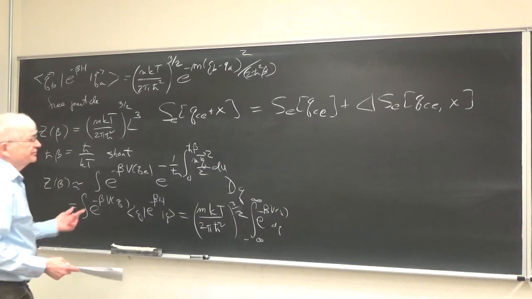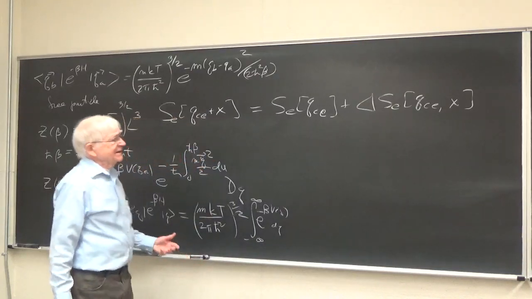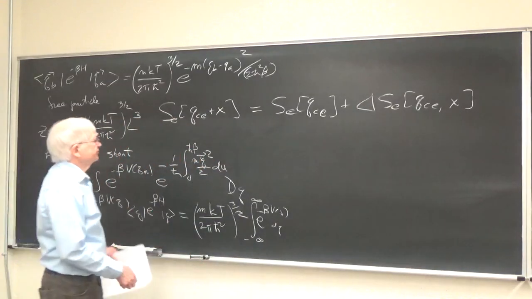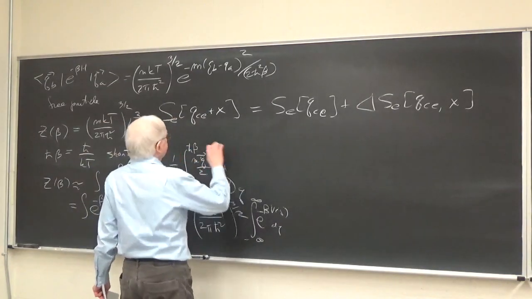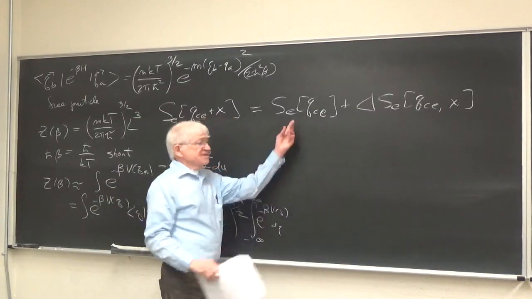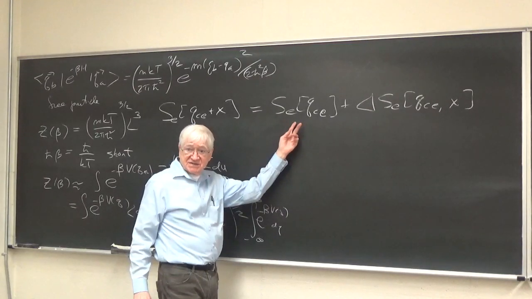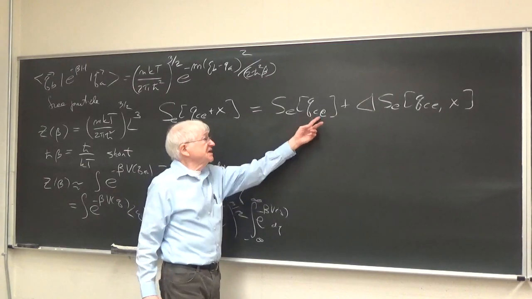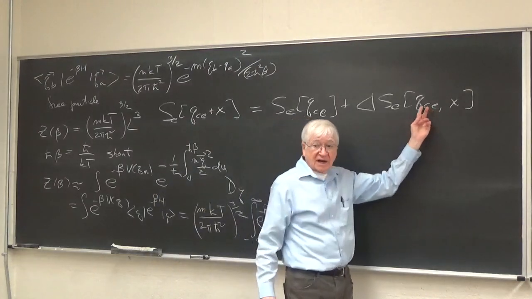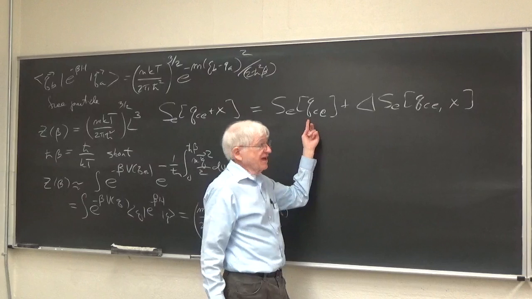But if the action is quadratic in the q's, then this thing here is this plus terms linear in x, which vanish because this is the classical path. They're detours around the classical path. So the term linear in x vanishes.